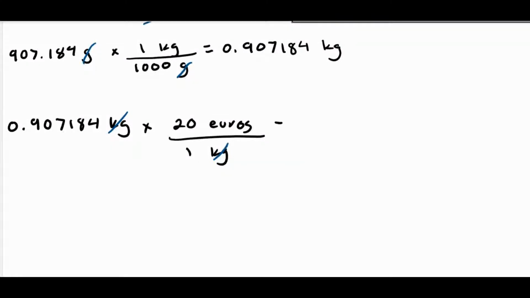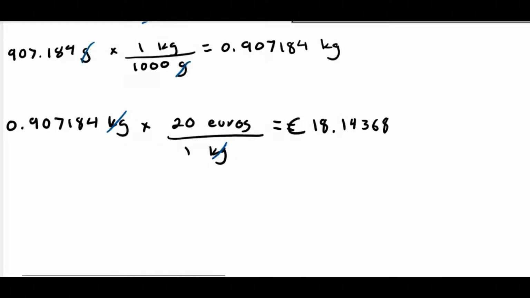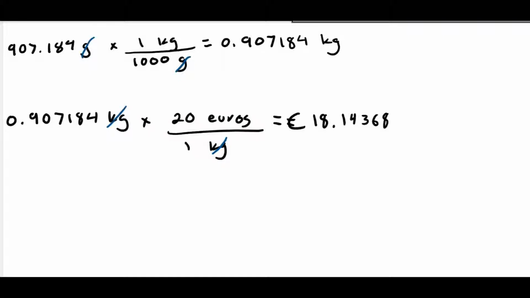Now we see that kilograms cancel out, and therefore we are left with 0.907184 times 20, which would give us, in case you didn't know, this is the symbol for euros, badly drawn, 18.14368 euros.